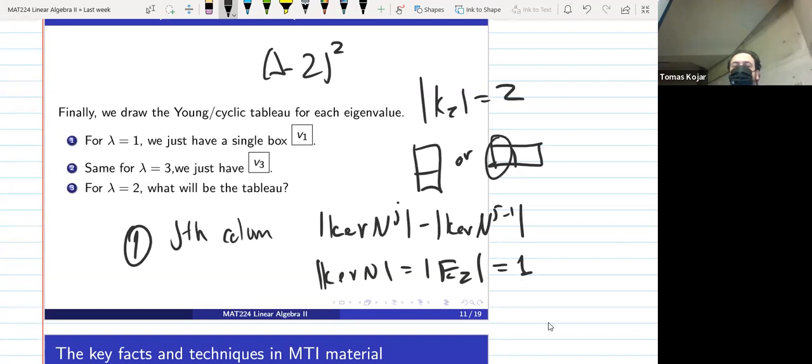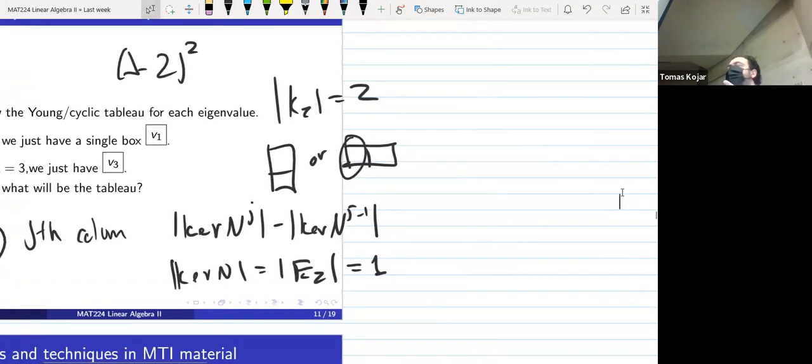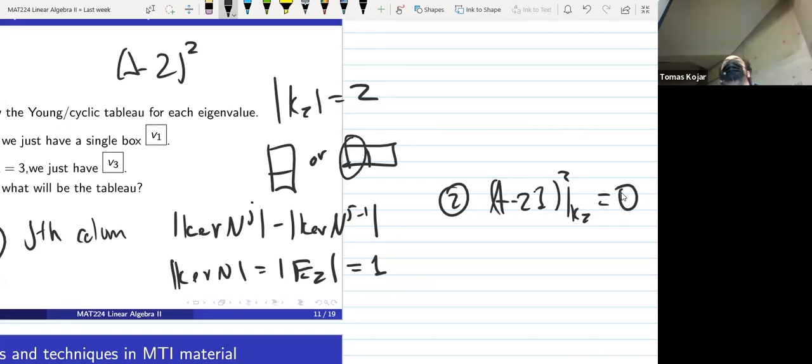There's multiple proofs. Another proof is that the nilpotency degree was 2. So A minus 2I squared restricted to the space is 0. So you have 2 like this. How else?